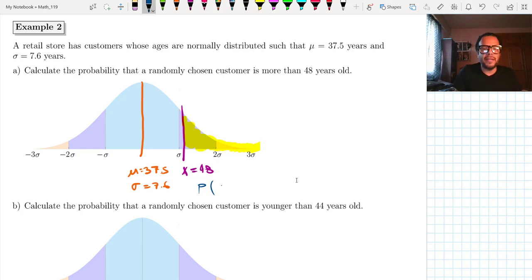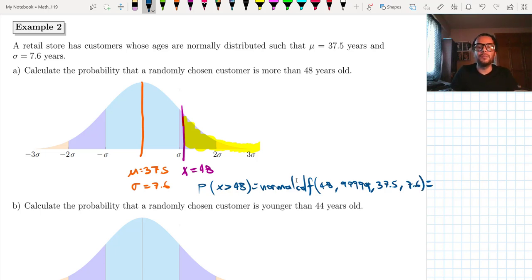So P of x greater than 48 will be equal to normalcdf of lower, which is 48, upper, which is, I'm going to say 9999, a bunch of nines, big number, and the mean, which is 37.5, and the standard deviation, which is 7.6. Okay, this will be equal to 0.0836 if you use the graphing calculator.